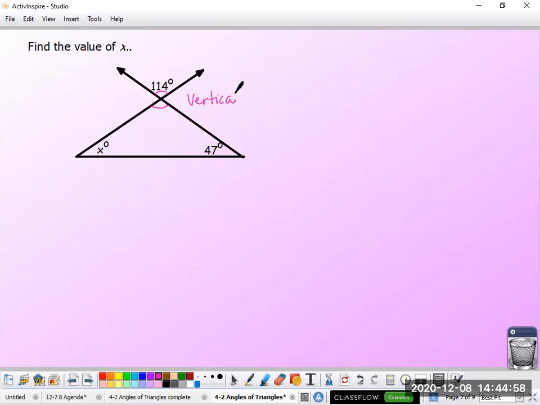So these two angles are vertical angles, and all vertical angles are congruent. So that means this one's 114, this one is 114. Remember, vertical angles, that's way back from like section 1-4. Yes, I still expect you to remember stuff from chapter 1. So now I'm using the triangle sum theorem. We know x plus 114 plus 47 equals 180.